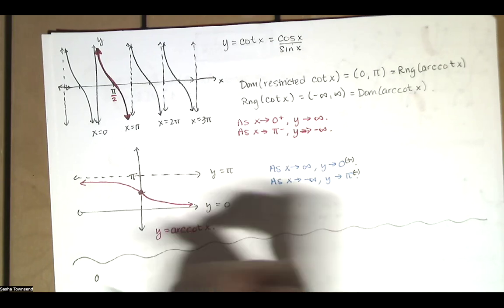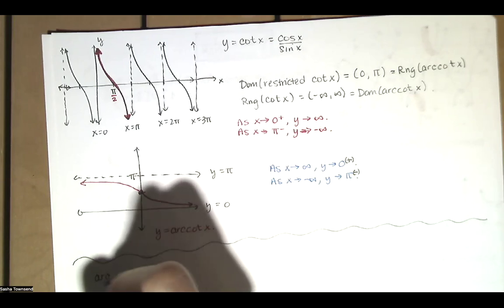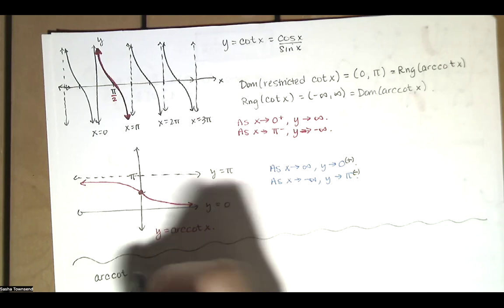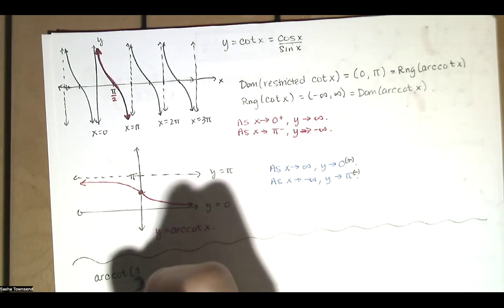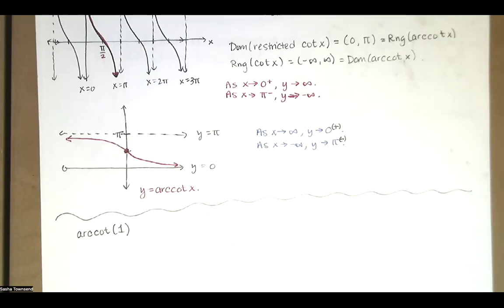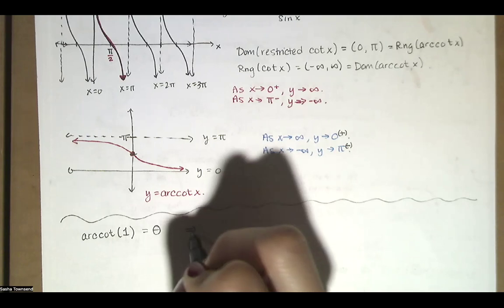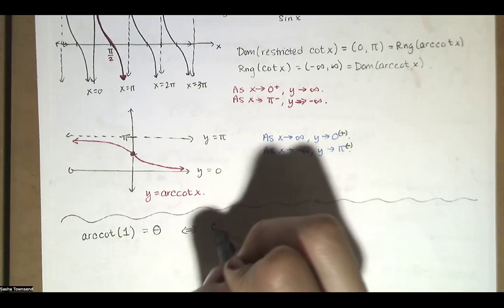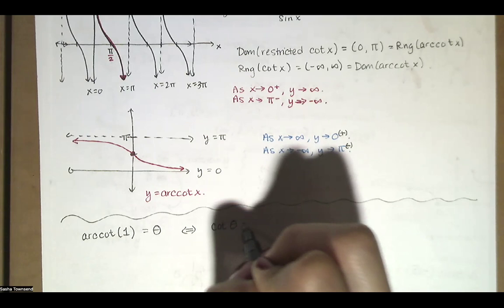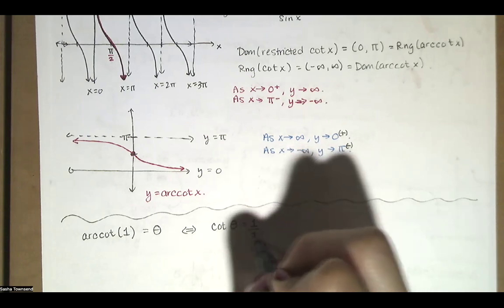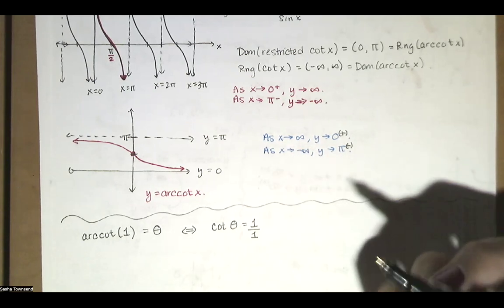Now, if you have arc cotangent of 1, and you're just wanting to evaluate that, well, you've got some options. You say, well, that's theta. And what theta angle is that? It's the angle whose cotangent is 1. And we know cotangent is adjacent over opposite.